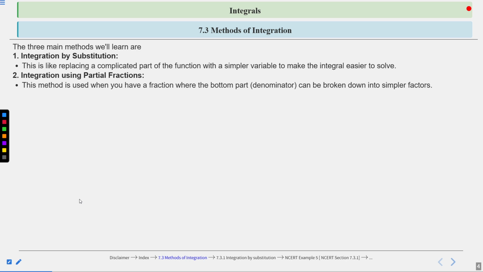So in this method, it is used when the denominator can be broken down into simpler factors, okay?